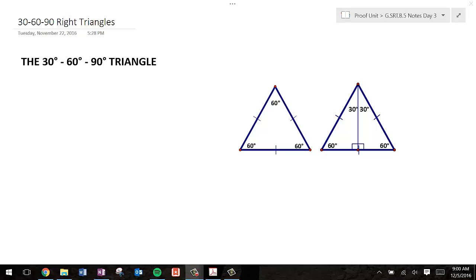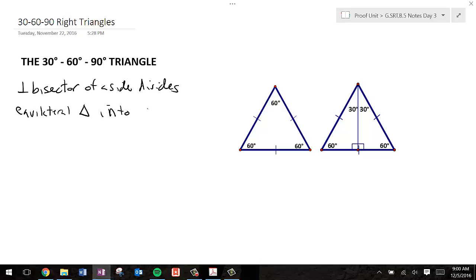So what we know about the 30-60-90 right triangle, what you can see from this diagram here on the right, is that our perpendicular bisector of a side divides an equilateral triangle like you have here into two isosceles triangles.